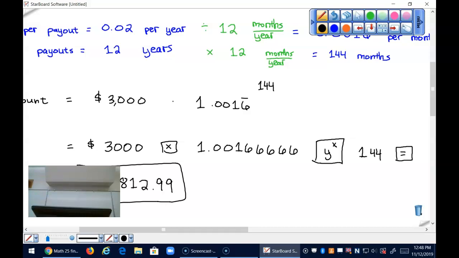Okay, your calculator's happy. So there we go. There's a difference of like $20-something if you made it round.